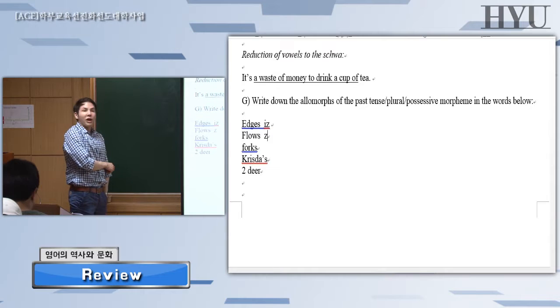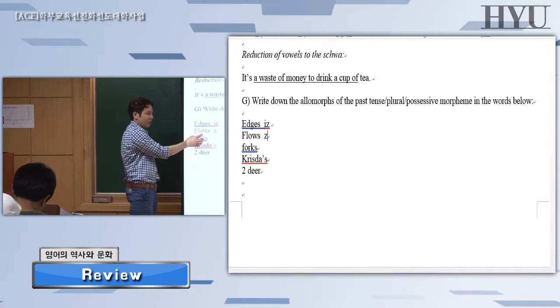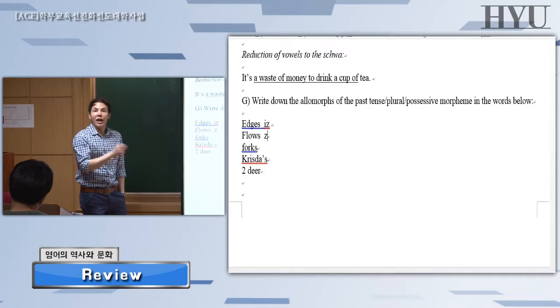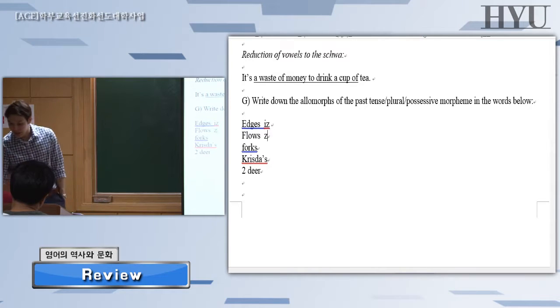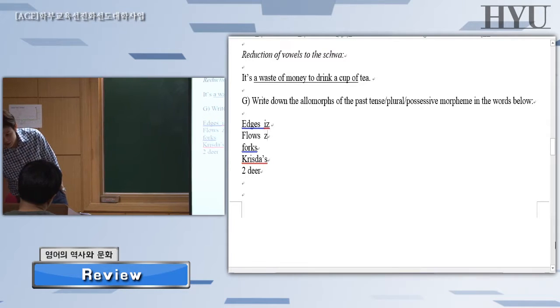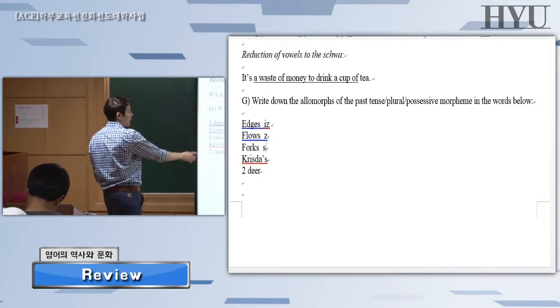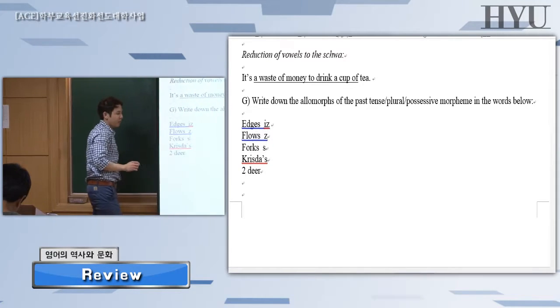Next one, forks. It all has to do with the preceding sound. K, the preceding sound of S, is a voiceless sound, so you have a voiceless ending, which is S, not Z. Forks, like that. Because K is a voiceless sound.